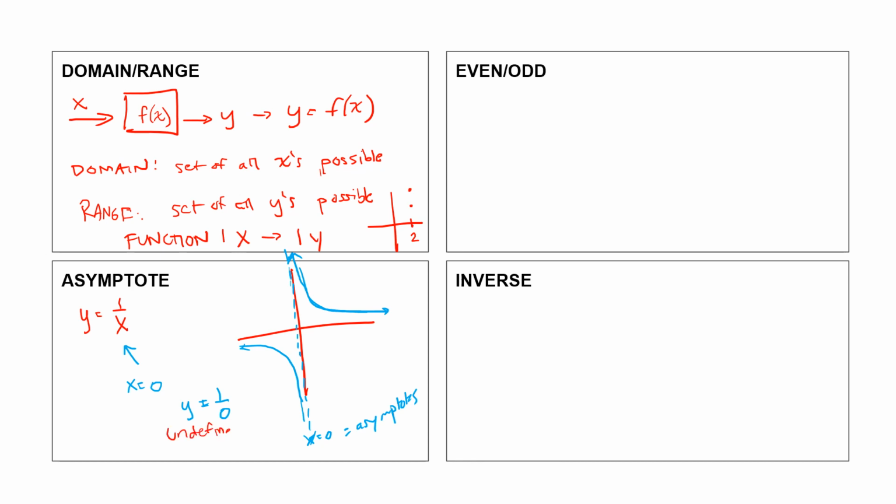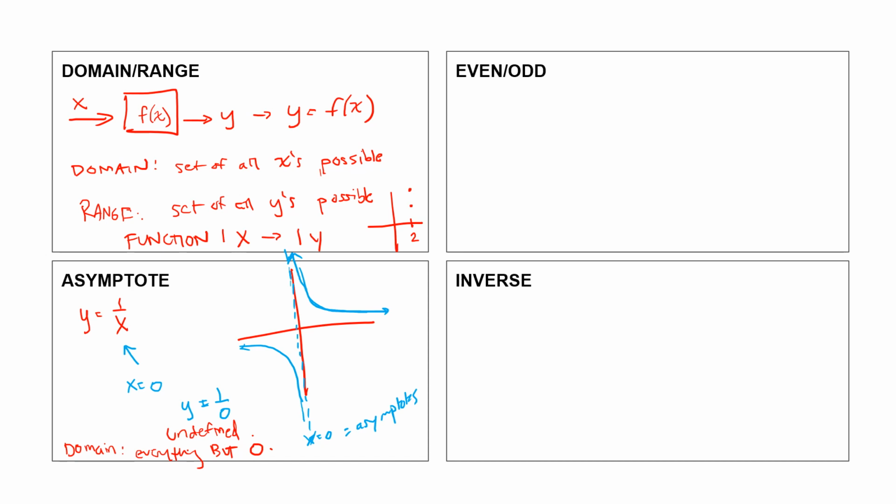So in that sense, x can be anything else but 0. So in the domain, the domain can be everything but 0. And that's why we have an asymptote there. I just wanted to show the behavior of excluding something from a domain, and it ends up in an asymptote just like this.